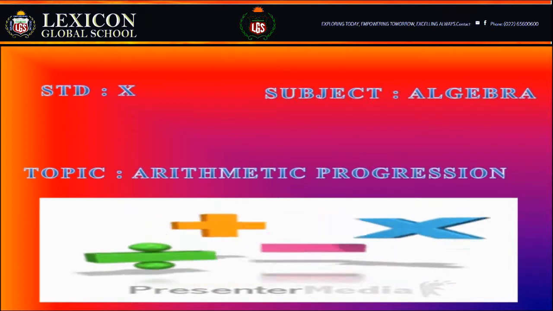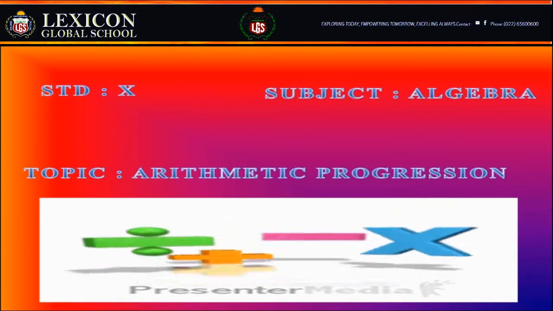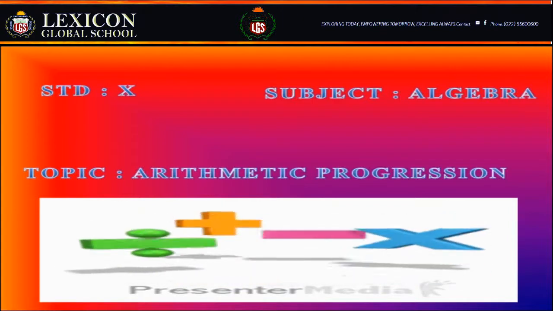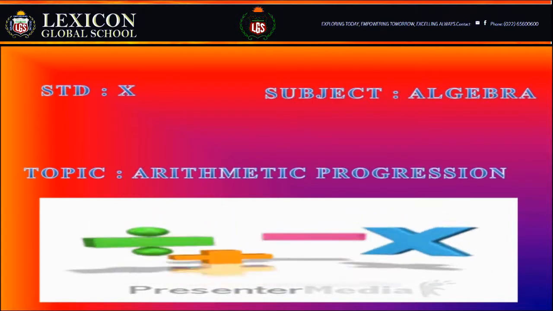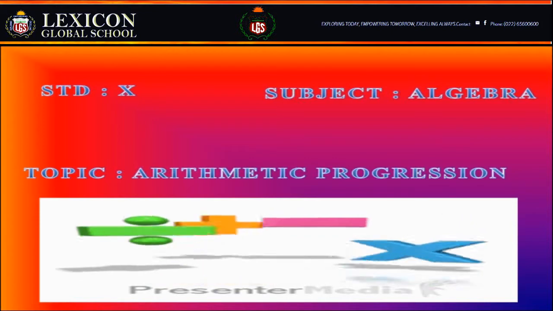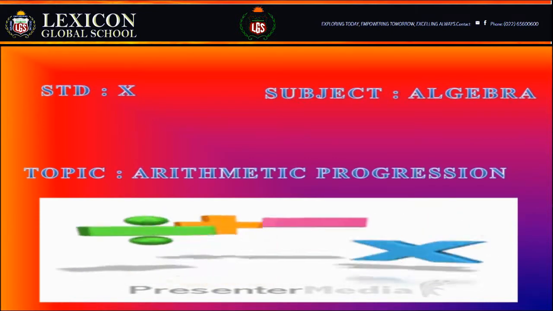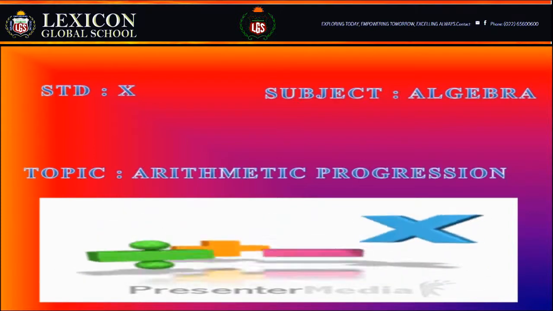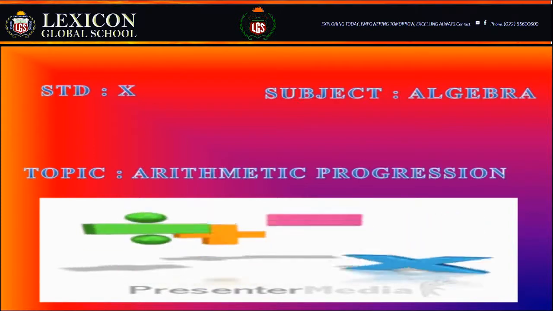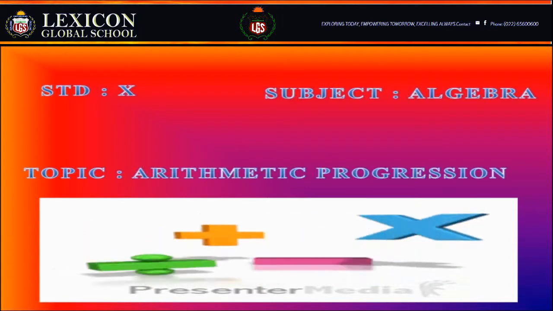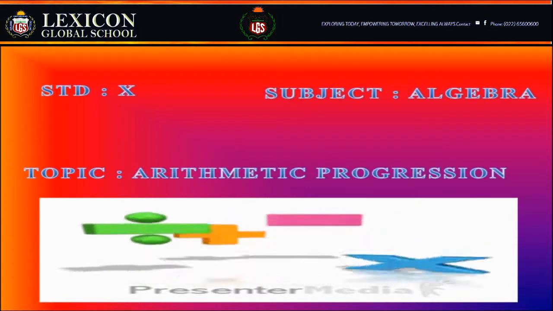When we use these operators to find certain terms or numbers that have a definite order. For example, if I talk about even numbers, what are our even numbers? 2, 4, 6, 8 and so on.